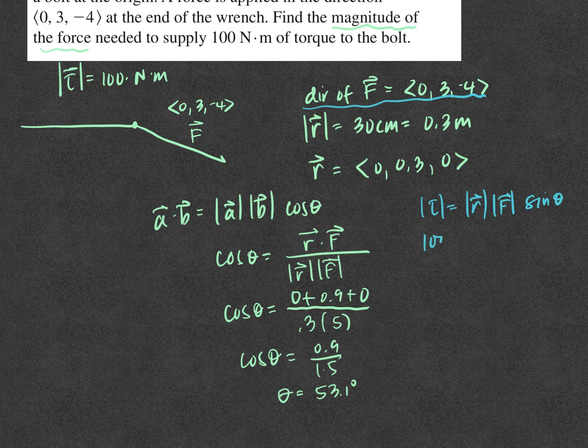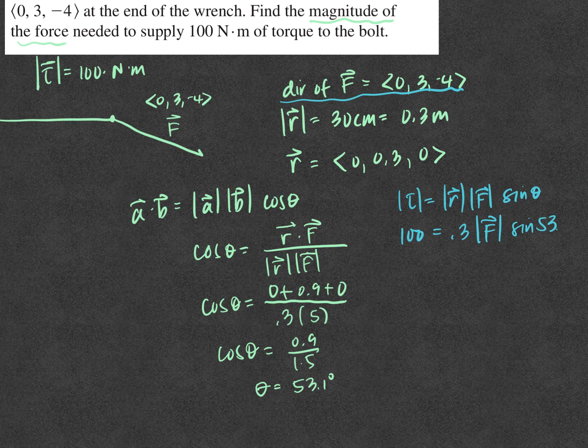So our tau is 100 Newton meters, our length of r is 0.3, we're looking for the length of f, and we have sine of 53.1 degrees. Now you have to use your degrees symbol. I know it's weird because we know it's degrees, but WebAssign likes the degrees symbol.